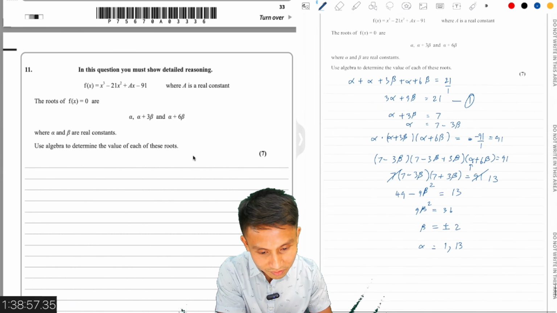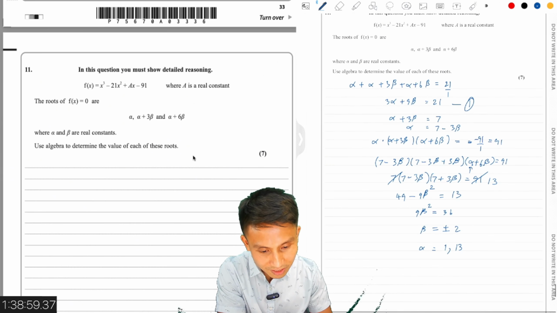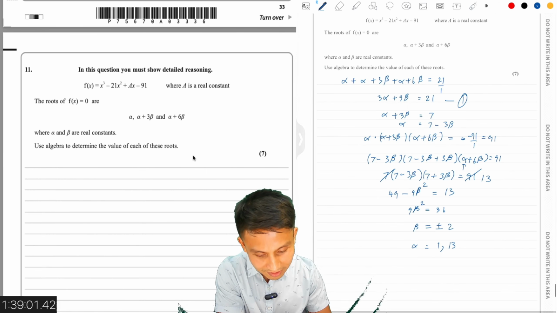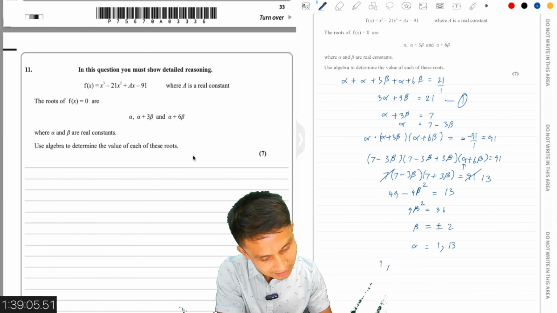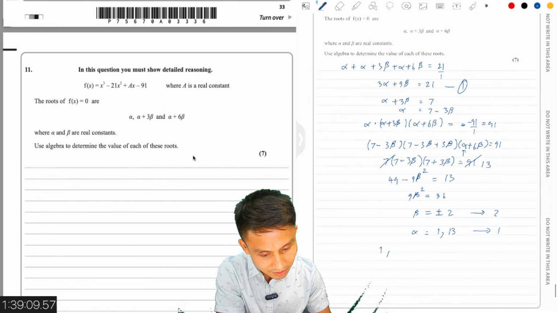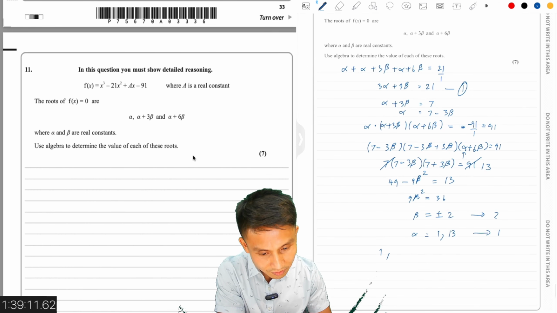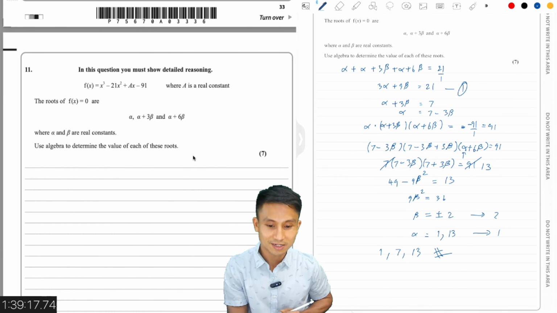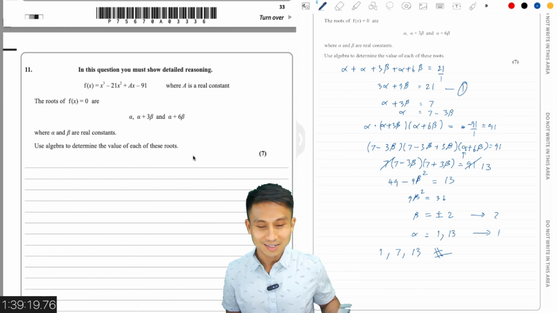So using algebra to determine the values of each of these roots. Is it 1? So I'm going to go with 2 and 1, yeah? Okay, 2 and 1. So beta 2, so that's 7. And then beta is 2, 12, 13. So that's it. Yeah, that would be my answer there.